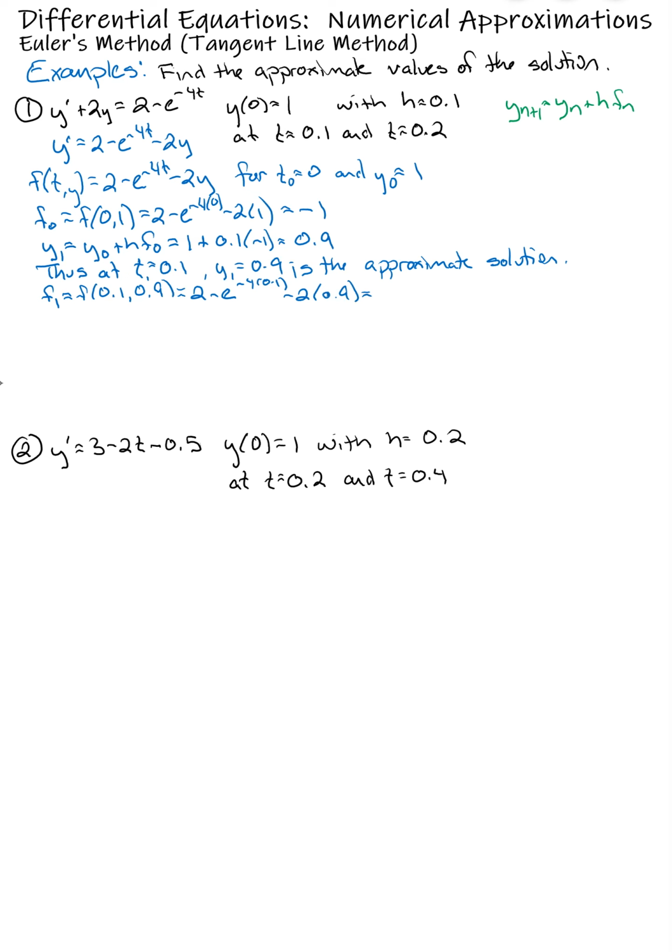You should get the approximate value negative 0.4703, or negative 4,703 10,000ths. So that allows us to find y2. Remember, y2 is y1 plus h times f1.